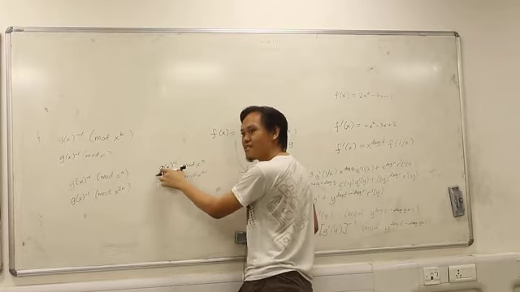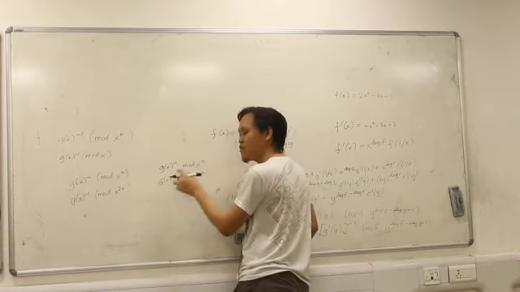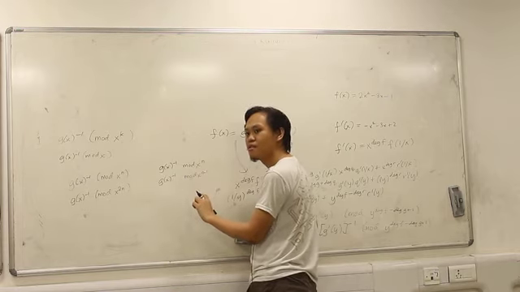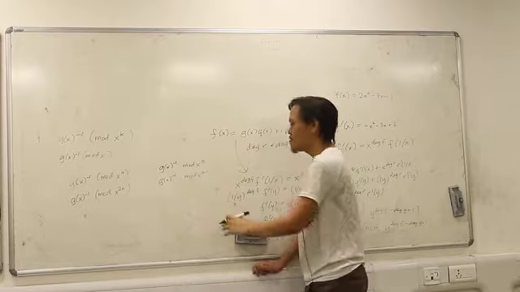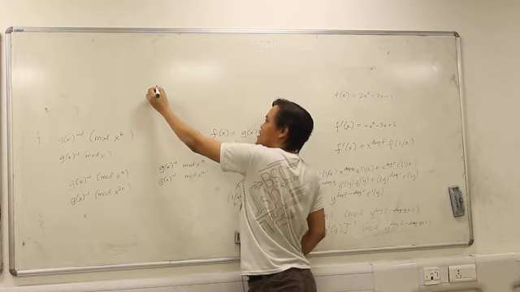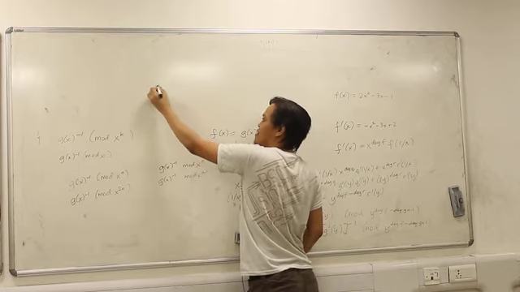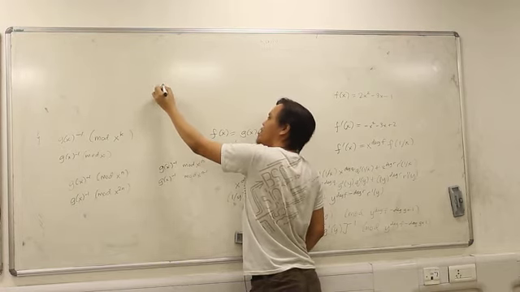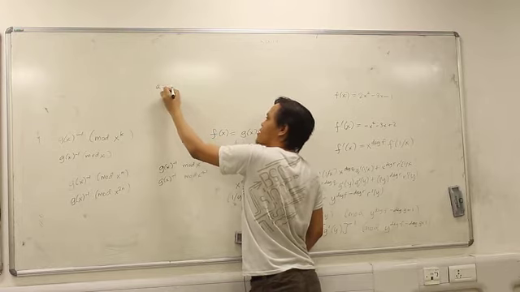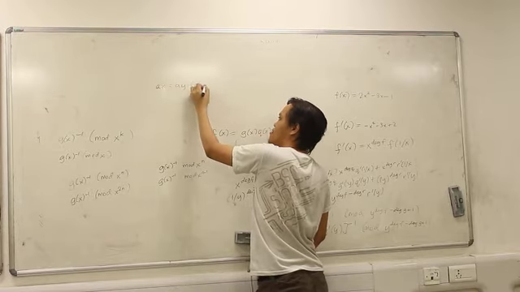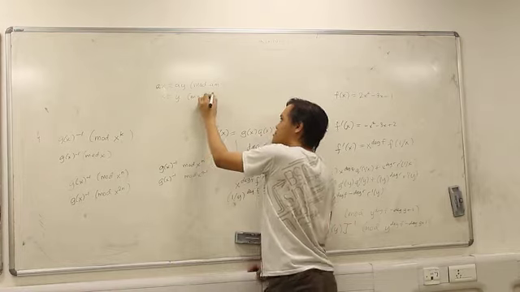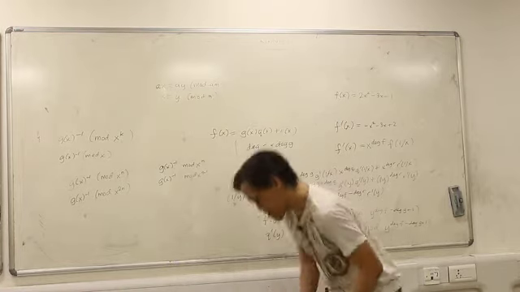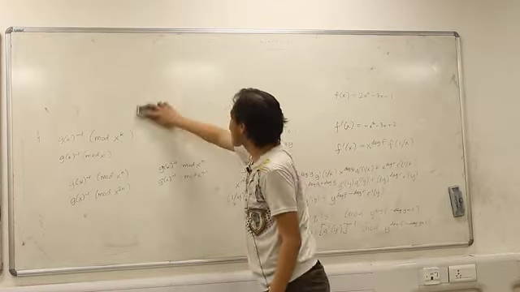If you reduce that answer, then that's also an inverse of g of x mod x^(n-1).